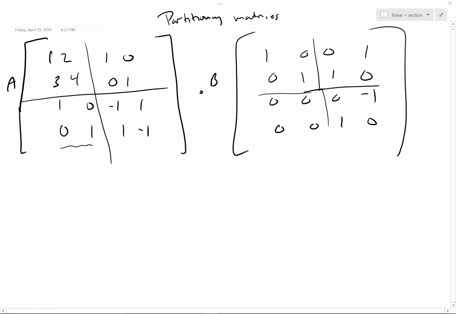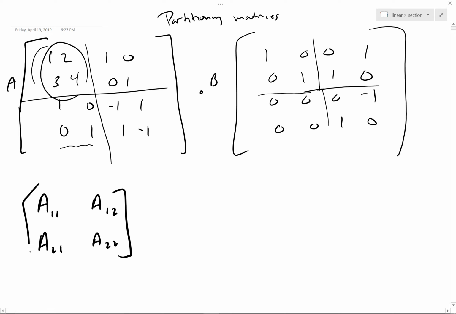So what we're going to do is treat this as A11, that's this matrix right here, and then we've got these sub-matrices, A12, and then you got A21 and A22. And then if we were to multiply that times B, we'd have, of course, B11, which would be this fella up there, B12, B21, B22.